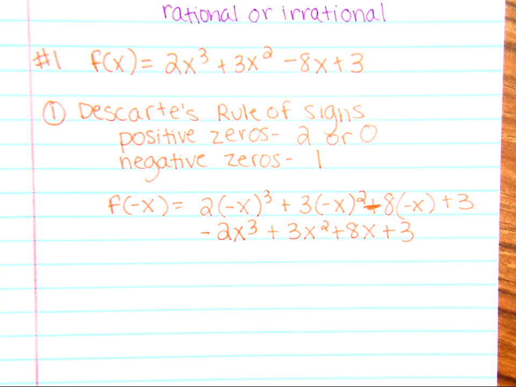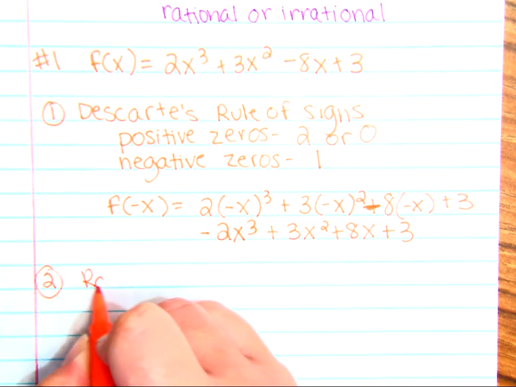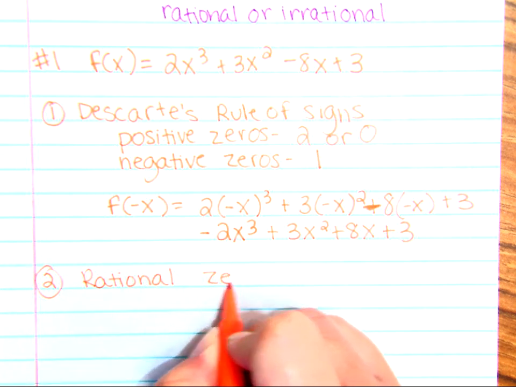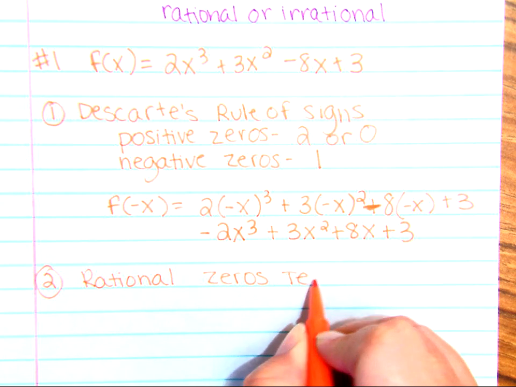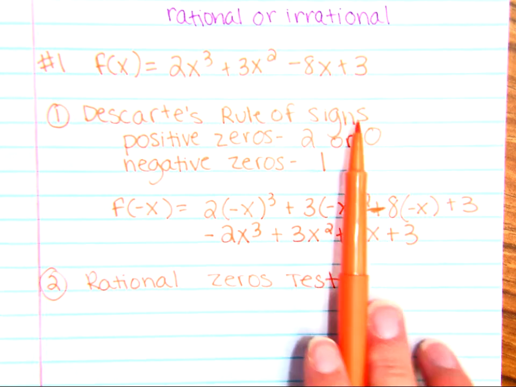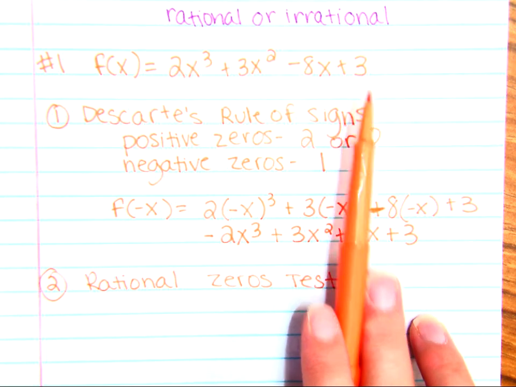Okay? I'm going to do our second test that we talked about today. That would be the rational zeros test. And again, notice that's rational. This only helps us to figure out the rational zeros, okay? And remember, we start with our very last number, the constant, factors of that.